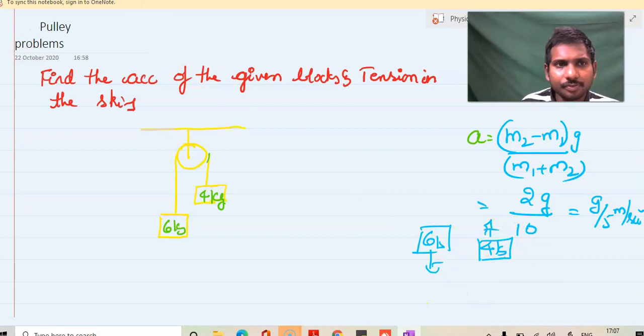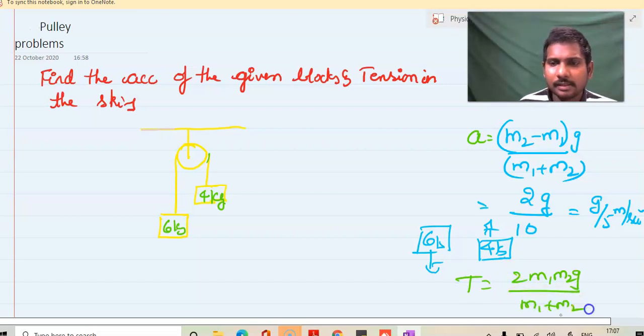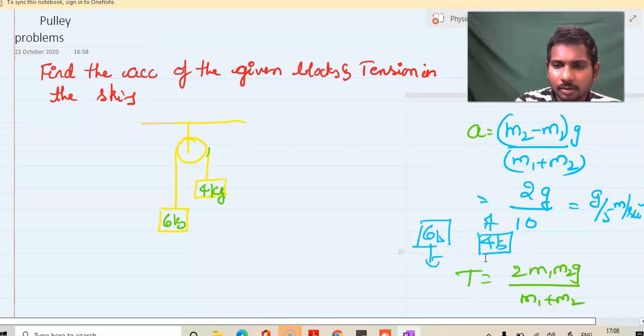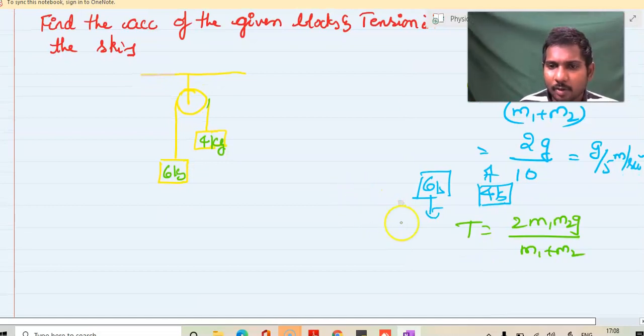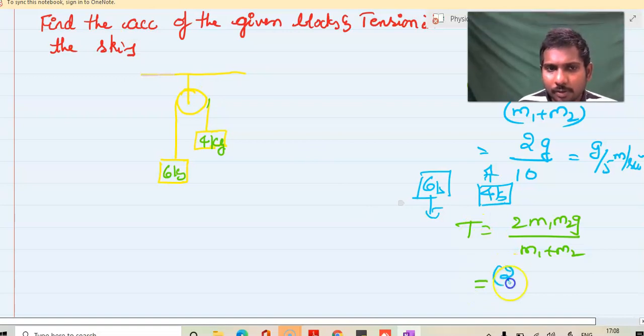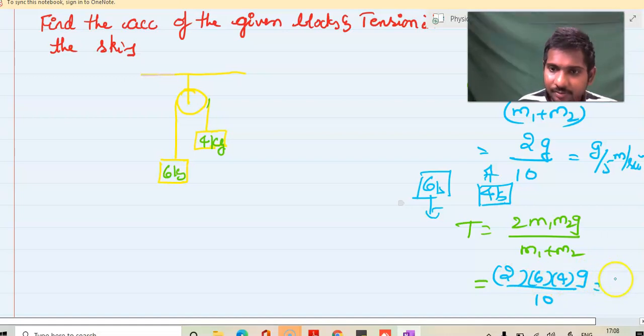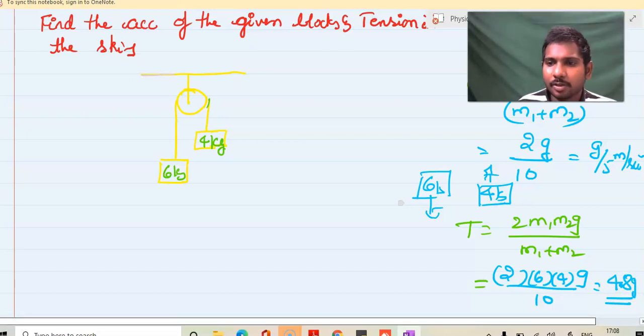And what is the tension? Tension is equal to 2 m1 m2 g by (m1 plus m2). That is 2 into 6 into 4 into g divided by 10. 2 sixes are 12, 12 fours are 48, g by 10, that is 4.8 g, so the tension is 48 newtons.